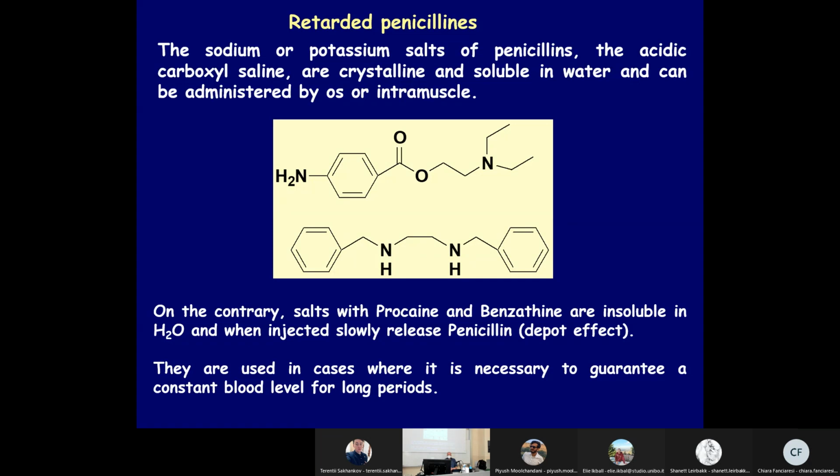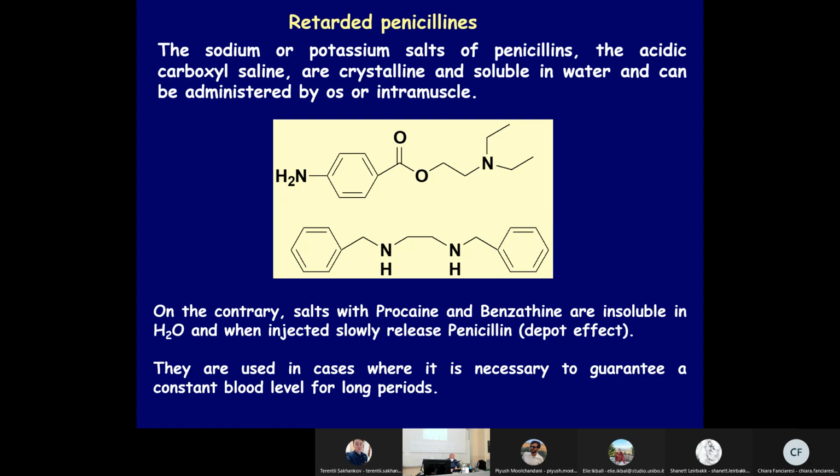And normally you introduce about 10 milliliters of antibiotics. And they use a particular base, you see here in the picture, called procaine. You see the basic nitrogen atom here. This nitrogen atom is able to form a salt with the acidic function of the penicillin, and so you have a salt. But the procaine is also a local anesthetic.